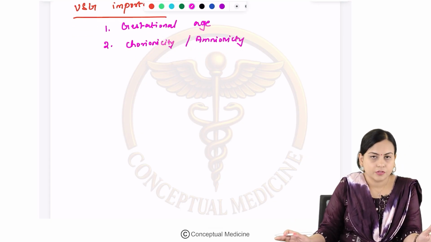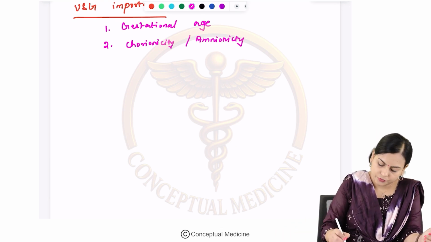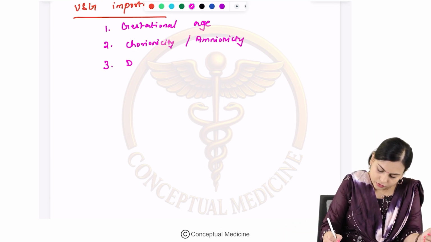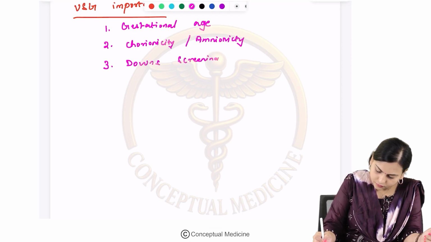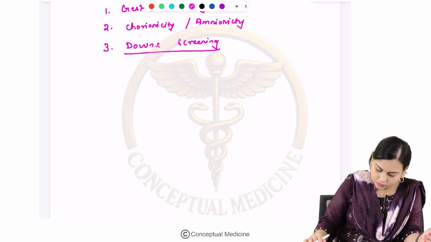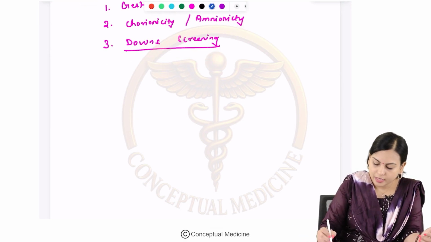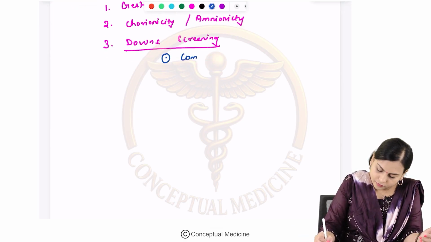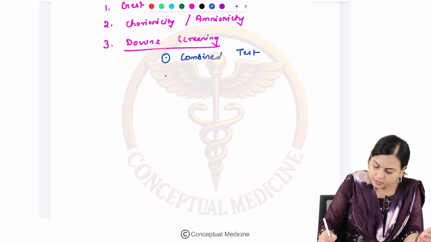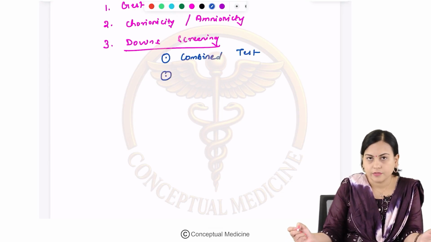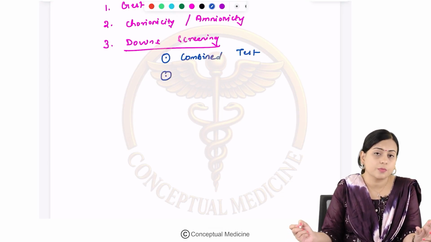And we have to do Down screening also, which we can do by the combined test. If it is a monochorionic twin, we have to calculate the risk for each pregnancy.